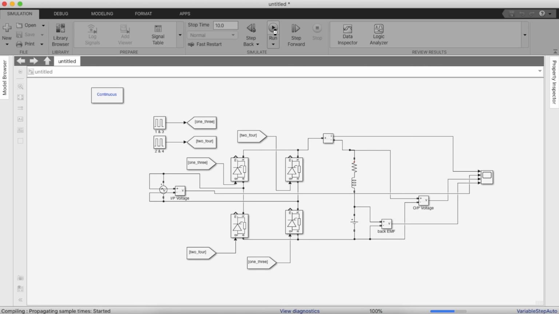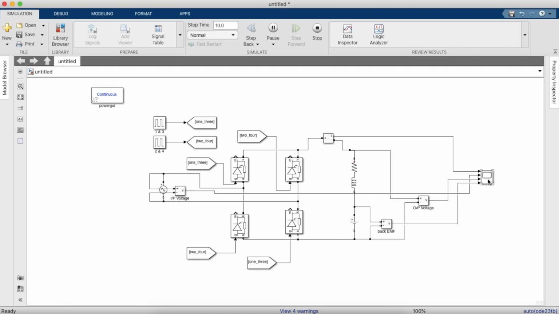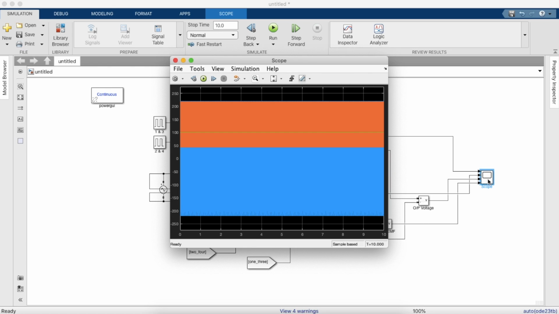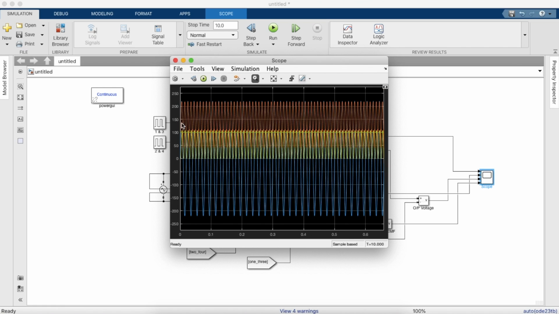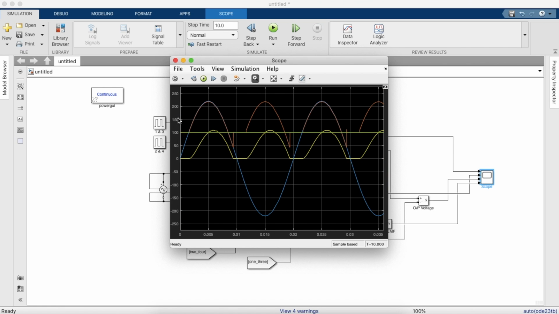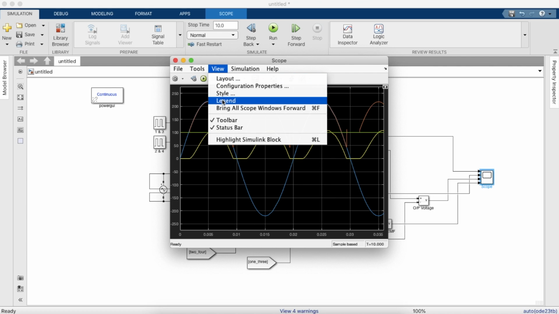So now let's run the simulation. So let's zoom in to see what it actually is. So that's kind of a legend.